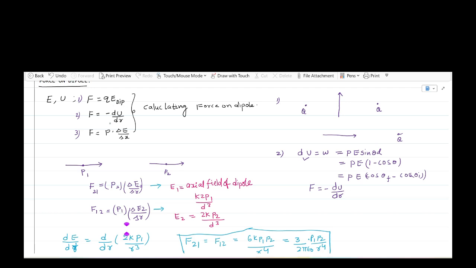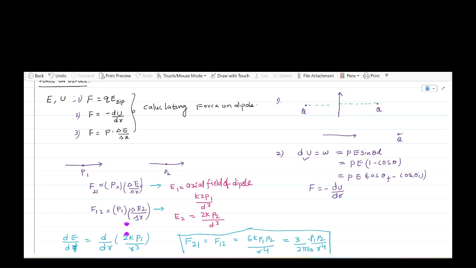Most of the students get confused about which formula to use. This is situation 1. Here your dipole is there, oriented either like this or like this, and Q is there. Then the charge Q has a field, or the dipole has a field. This is the equatorial line.